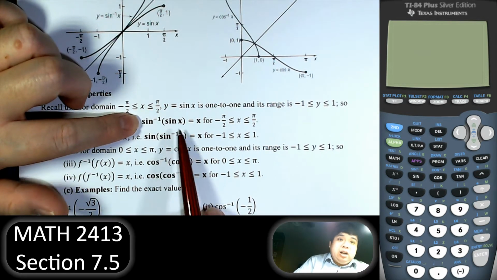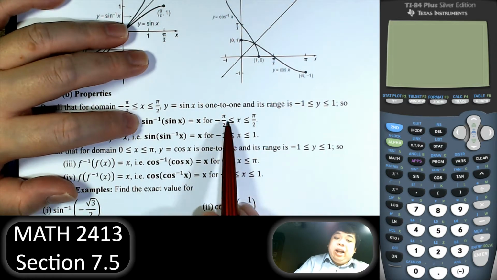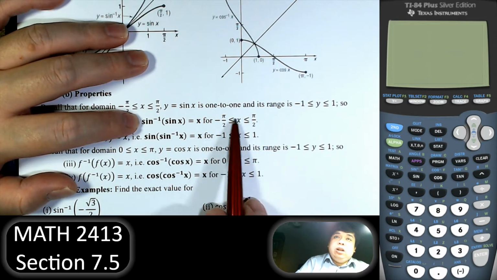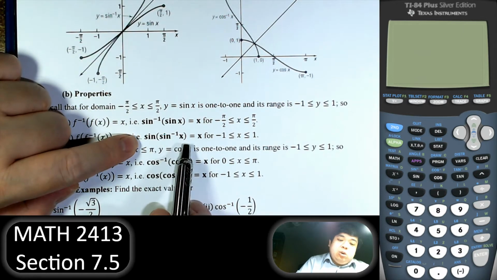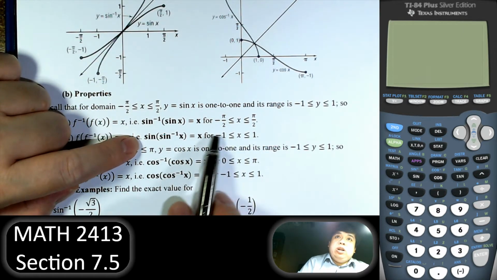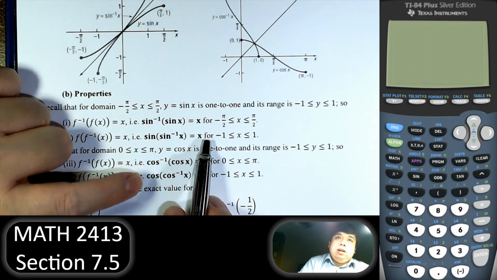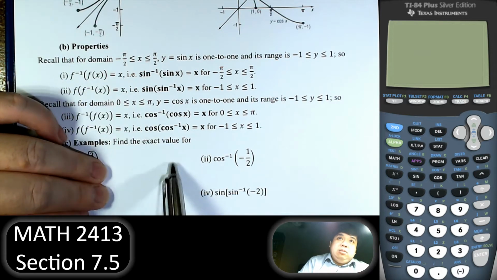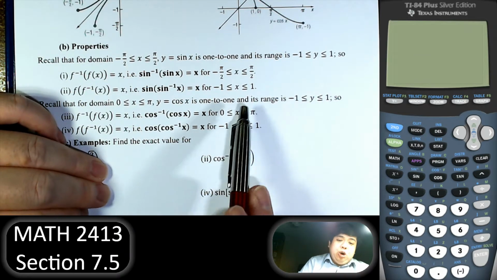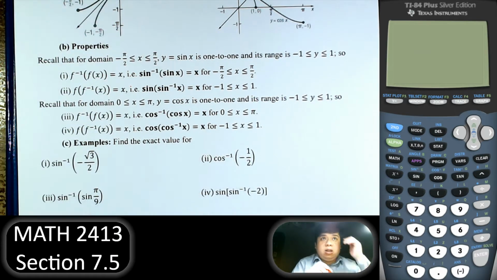Sine inverse of sine is equal to x if x is in this domain, and sine of sine inverse is equal to x if x is in this domain. Same thing for cosine and cosine inverse. The domain and range may be different, but the concept is the same.